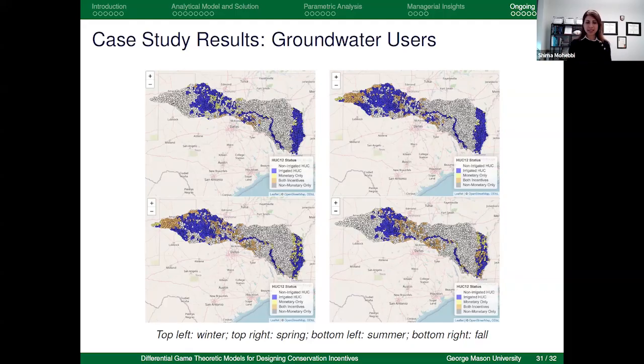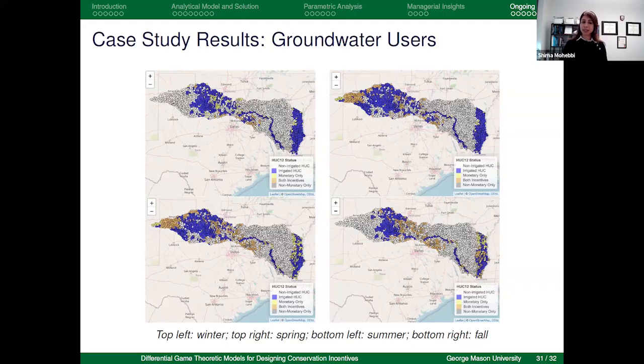For non-monetary incentives, the acceptance rate grows from 7% in the winter season to 32% in summer, reaching close to 40% in the fall. Now, this pattern highlights the complementary nature of the monetary and non-monetary incentives when peer effects are considered, right?